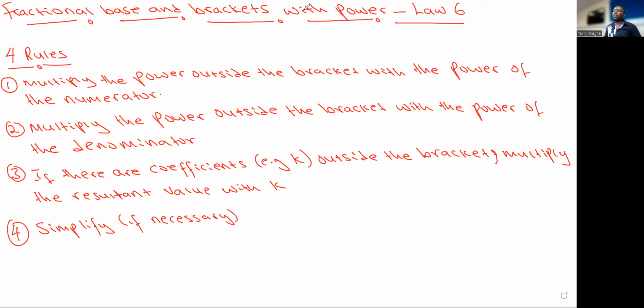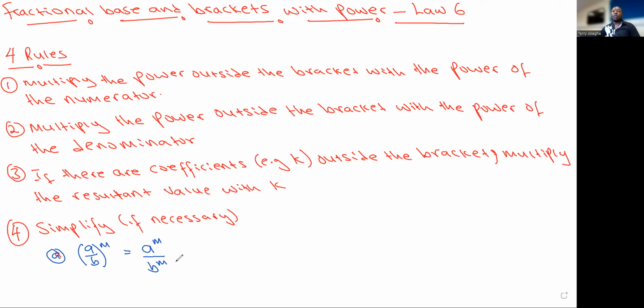So what I'm trying to say now is, for example, let's say (a over b) raised to power m. Are you seeing it? You multiply the power outside the bracket with the power of the numerator. So it's going to be a raised to power m divided by b raised to power m.